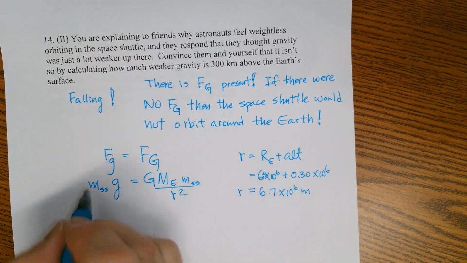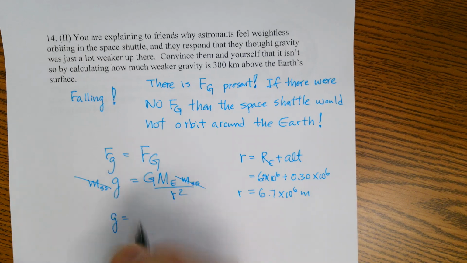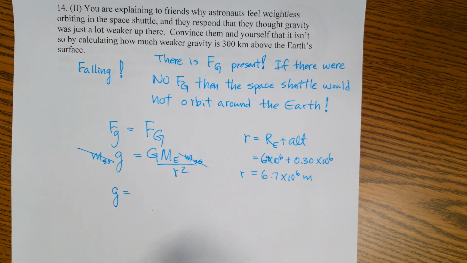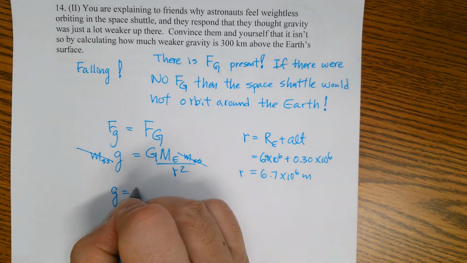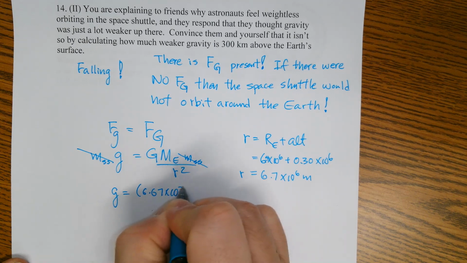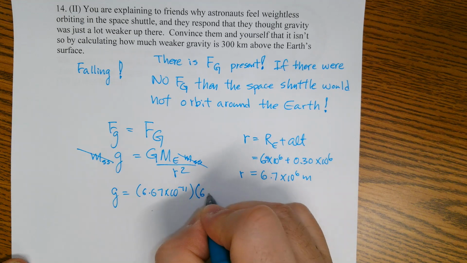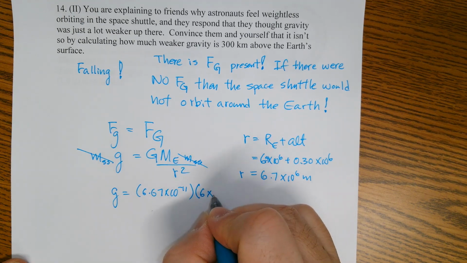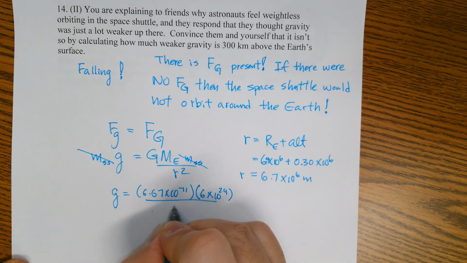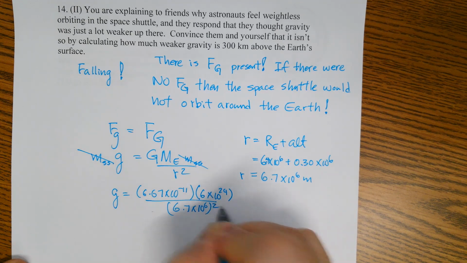So notice what happens. The mass of the satellite cancels out, and I could figure out what my acceleration due to gravity is at that space shuttle if it were standing still. So g, which is 6.67 times 10 to the negative 11th times the mass of the Earth, which is, I guess, 6 times 10 to the 24th, divided by 6.7 times 10 to the 6 quantity squared.